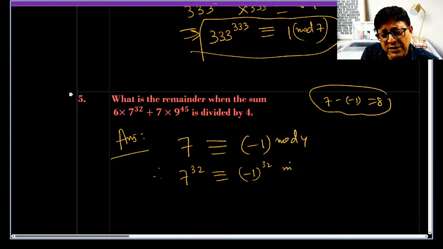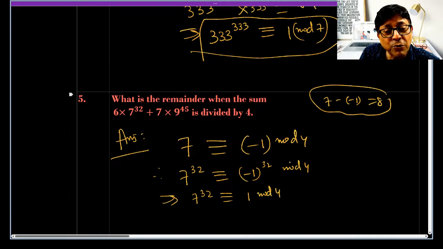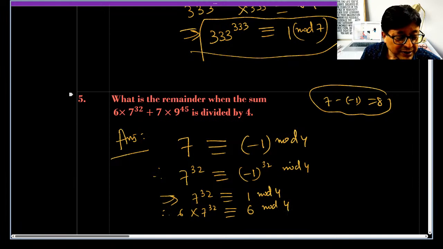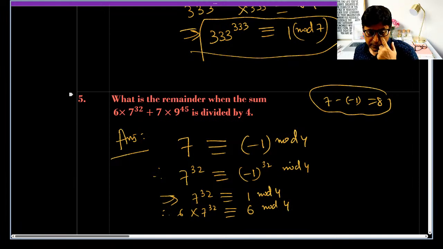And very interesting, because minus 1 to the power 32 is 1 only. So 7 to the power 32 is congruent with 1 mod 4. We need 6 into that, so multiply by 6. 6 into 7 to the power 32 is congruent with 6 mod 4. Clear?